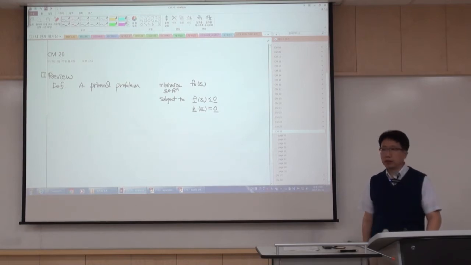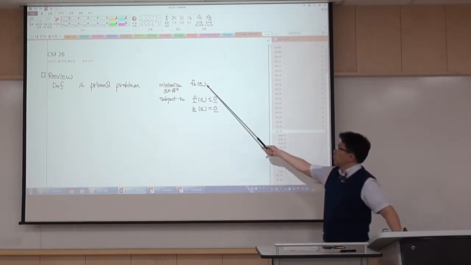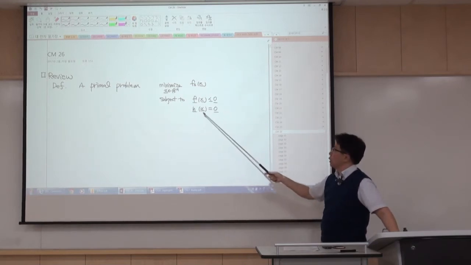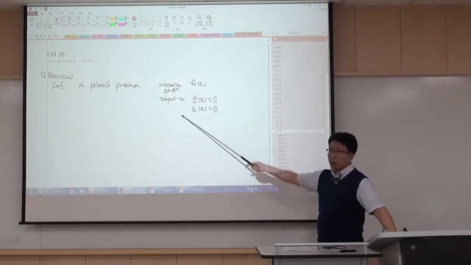So this is a constrained optimization problem with inequality and equality constraints.